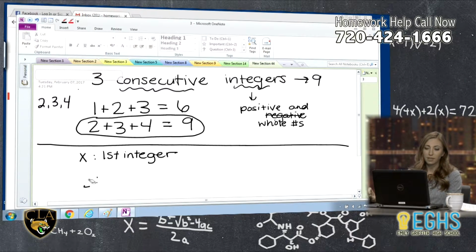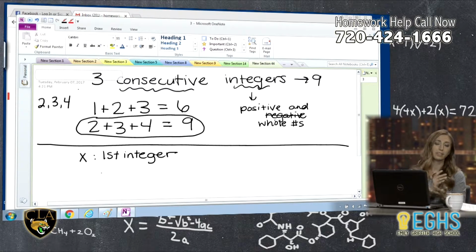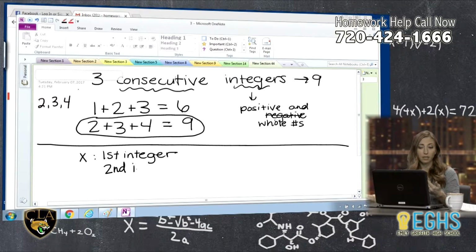So instead of using 3 different variables, we want to stick to 1 variable so that we can actually solve it. If you know how the other unknowns are related to your first unknown, then we can stick with that 1 variable. For example, my second integer is going to be 1 more than my first integer.